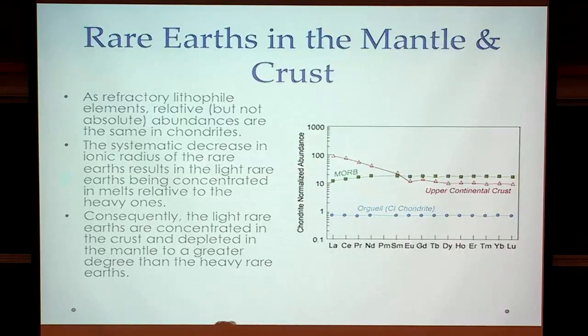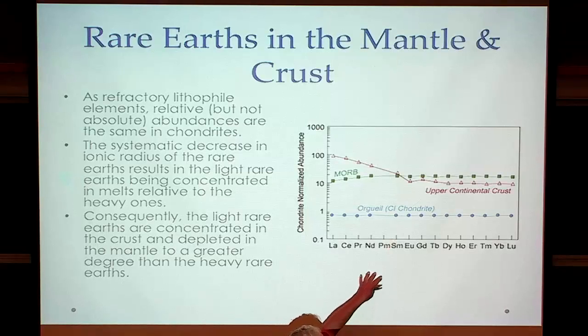All right, so rare earths in the mantle and crust. This is our diagram again. Again, we assume that as refractory lithophile elements, the abundances are the same as in chondrites, although we do have this problem of the neodymium-samarium ratio being not quite chondritic.